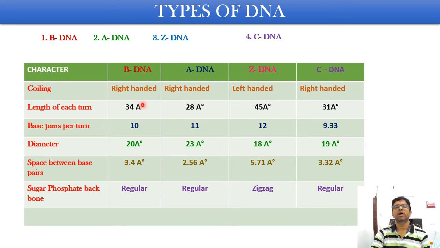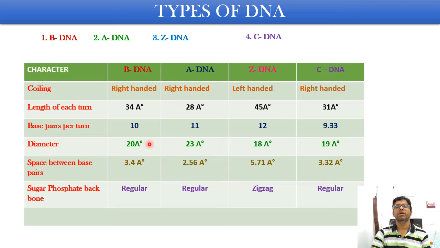The length of each helix is 34 angstroms in bDNA, whereas in zDNA it is 45 angstroms, 11 angstroms more. The number of base pairs in each turn is 10 in bDNA, and 12 in zDNA.